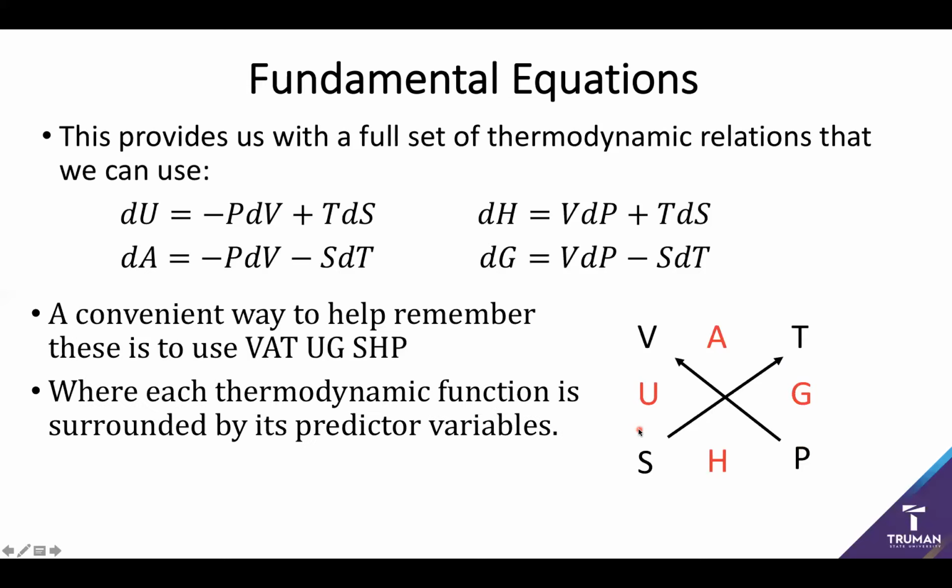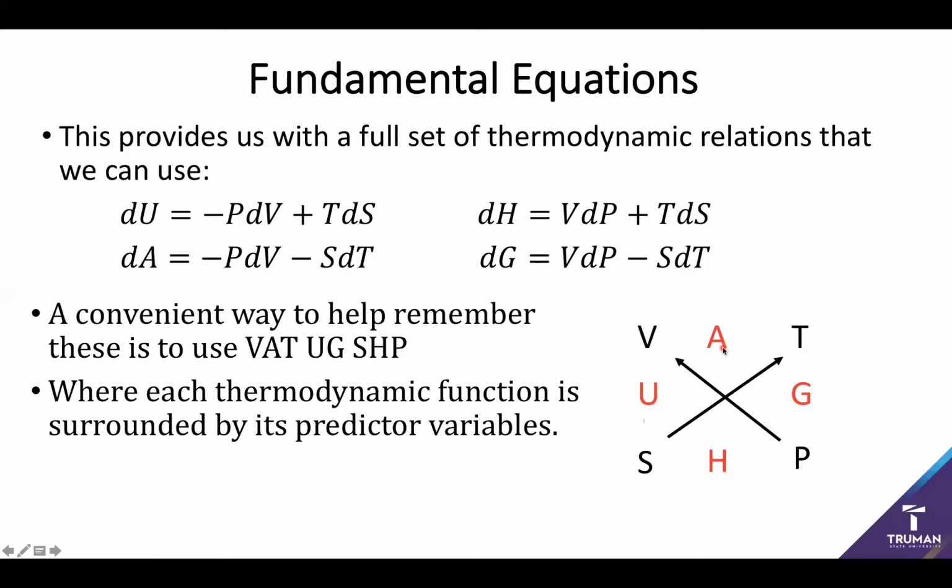So let's go ahead and walk through a couple of these. So if I have, say, the internal energy, it's going to be the internal energy minus, because there's no arrow at this end, PdV, plus TdS. And congratulations, we just generated our fundamental equation.